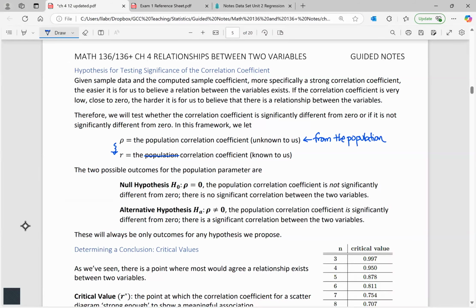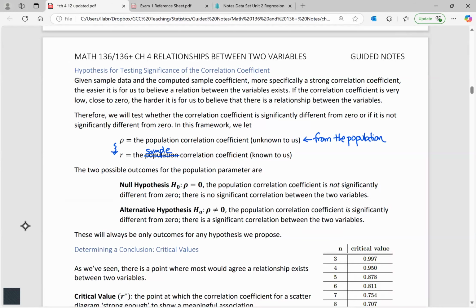It's not population, it's sample. That R is the sample correlation coefficient, is known to us, and they should be roughly about the same. So rho should be fairly close to R if sampling is done correctly. So if we take a proper sample.